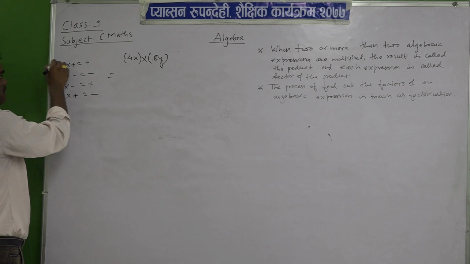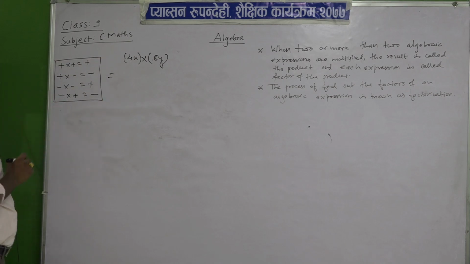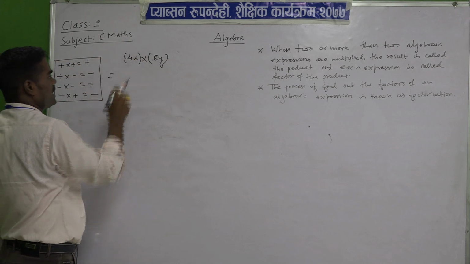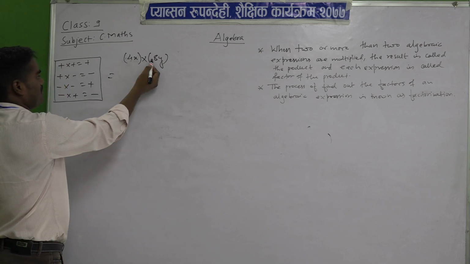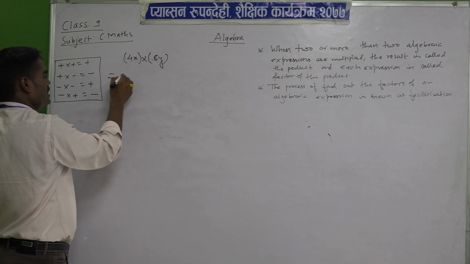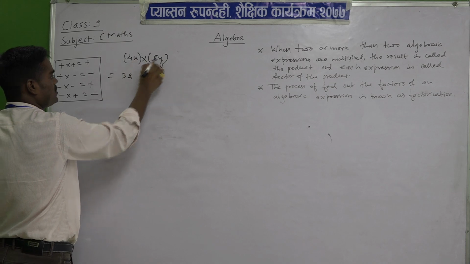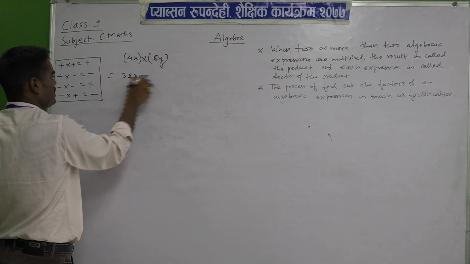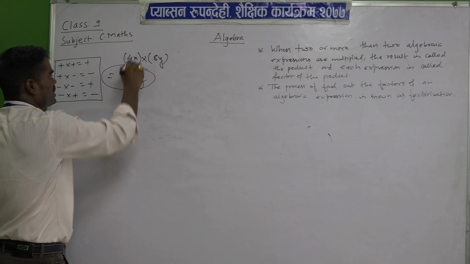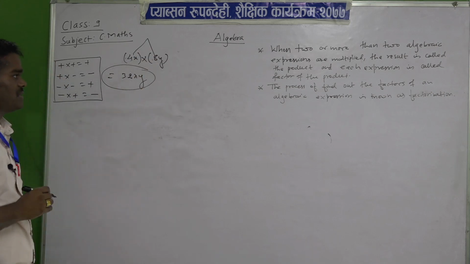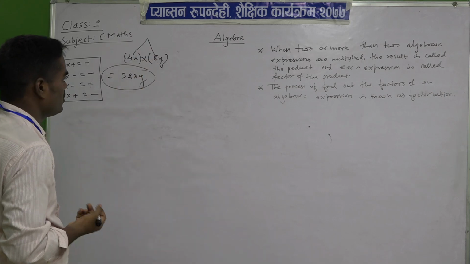You have to remember this in algebra. So here first you have to multiply the sign, plus into plus, plus. 8 4s are 32, x into y, xy. Understand? So this is the product of these 2 factors, or these 2 expressions.